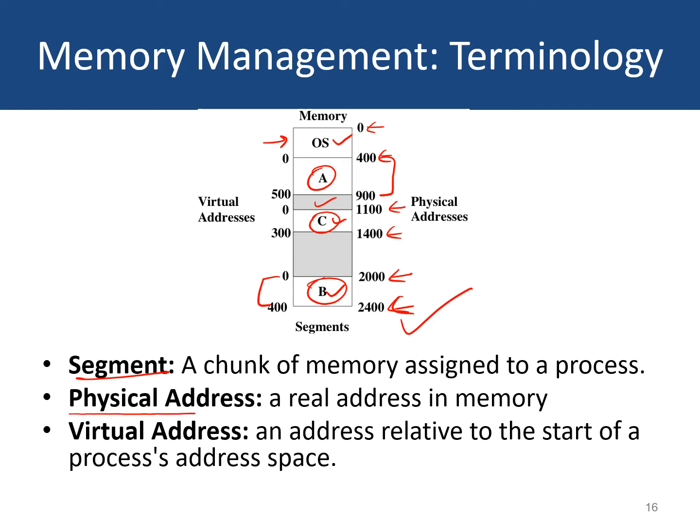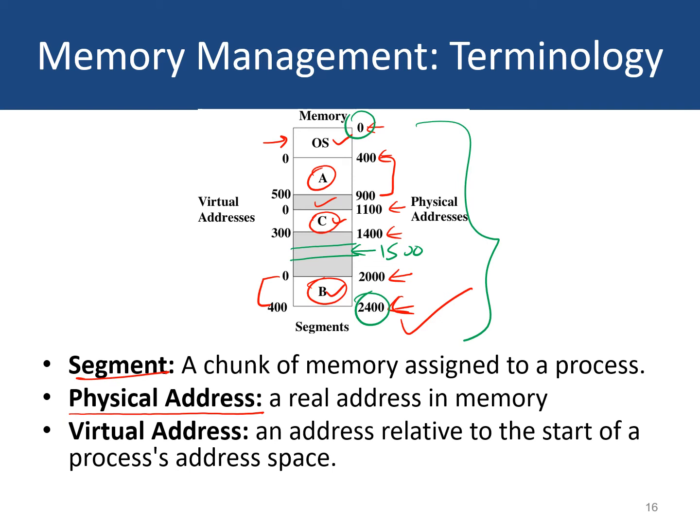Next, a physical address is a real memory address in the main memory. In this picture on the right side here, these are physical addresses, going from address number 0 to 2400. So for example here, let's say we look at some address 1500 over here. This 1500 is an address that belongs to an actual byte or word which exists inside this RAM in the hardware.